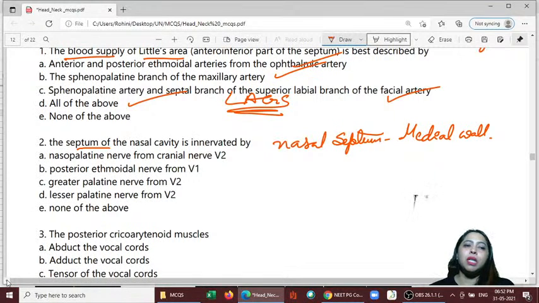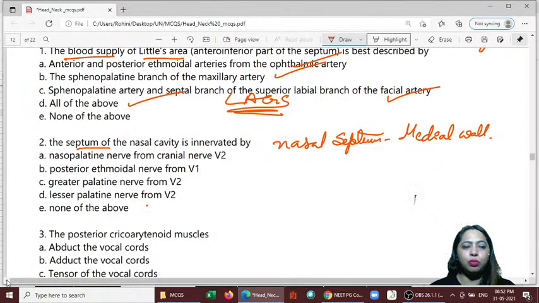Is it nasopalatine nerve, posterior ethmoidal nerve, greater palatine, lesser palatine, or none of the above? So which one do you think?